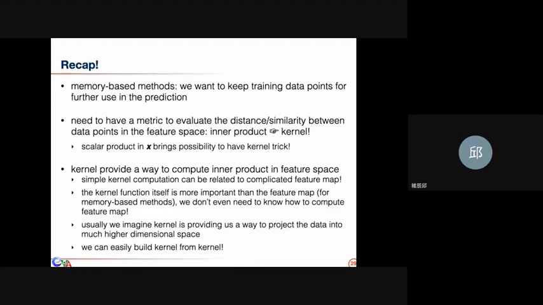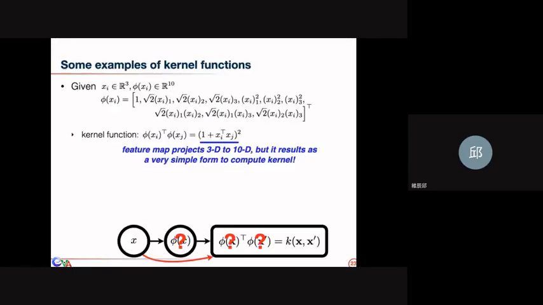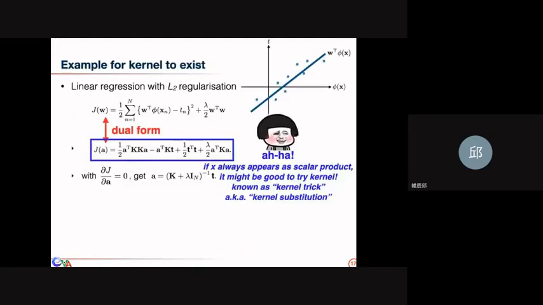Actually, the scalar product related to your data will bring you the possibility to have the kernel trick, right? So I hope you still remember this kernel trick, or the kernel substitution.